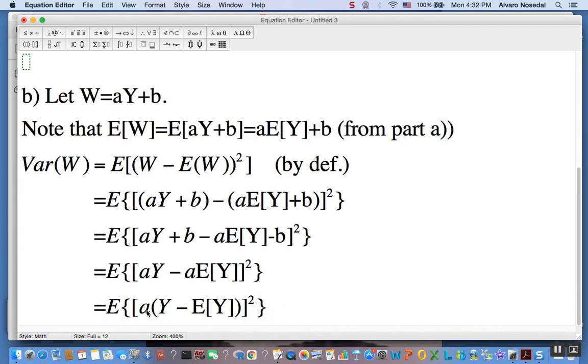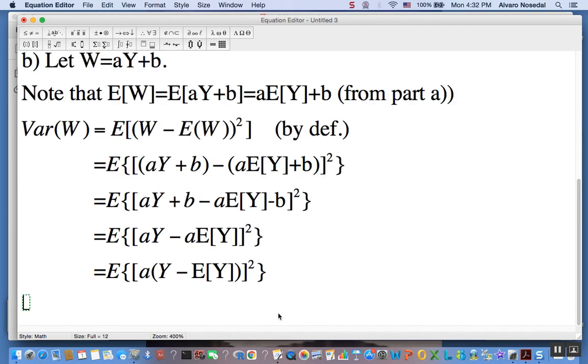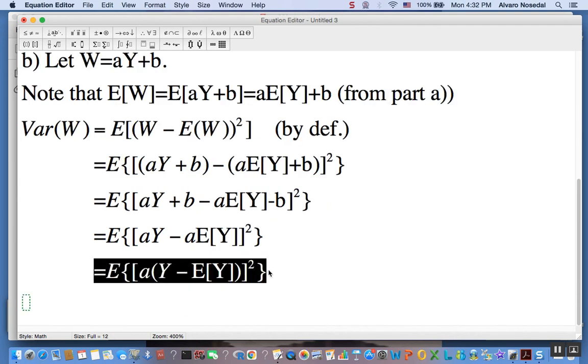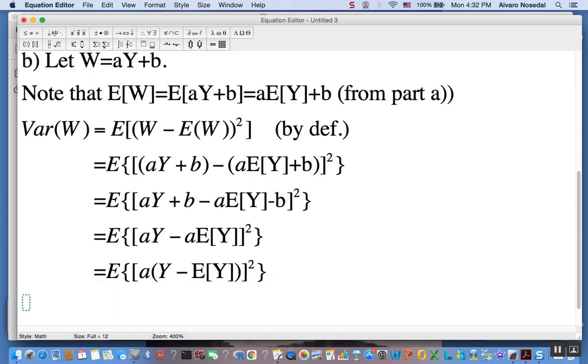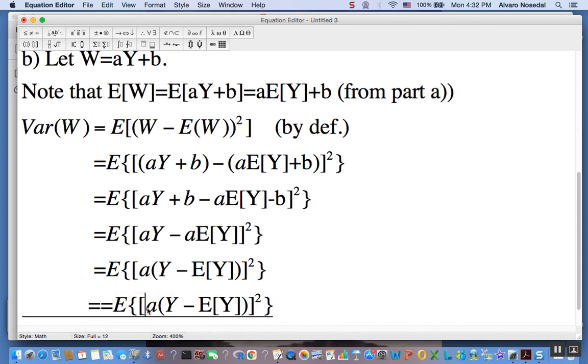When we square this, a times Y minus the expected value of Y, that would be the same as a squared times Y minus the expected value of Y, the whole thing squared. Make sense?